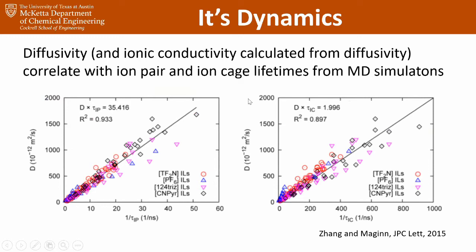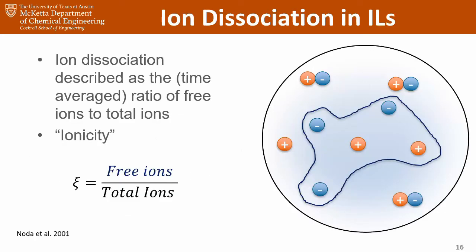So all I'm saying is, even though I think when we talk about ionicity, how dissociated an ionic liquid is, we may get a static picture, we all just need to keep reminding ourselves that it's really dynamics that we're talking about, and that ionicity is averaged over some time period. So what we've traditionally done in ionic liquids is define the ionicity as the ratio of the free ions over the total ions.